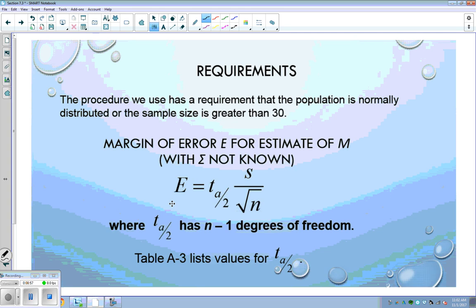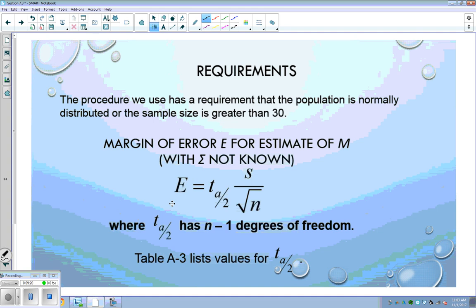So first we have to talk about the requirements, just like the other requirements we've talked about with other different uses. The procedure we use has to have one of two things. It has that the population is already normally distributed.